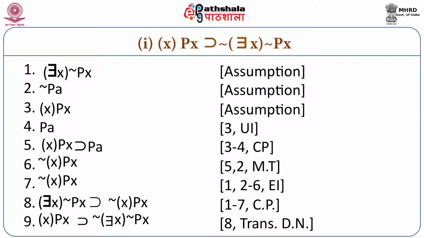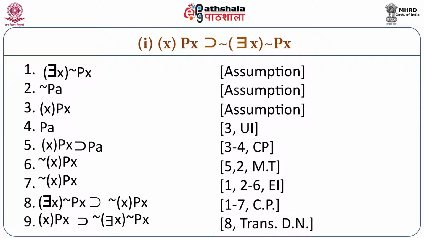Now we need to discharge our assumption, so we need to do existential instantiation, which, when we do it on the step 1 and then 2 to 6, it looks as if we are reiterating the same thing. It is not the case that for all x, x is P. Now the next step number 8, we can apply conditional proof.